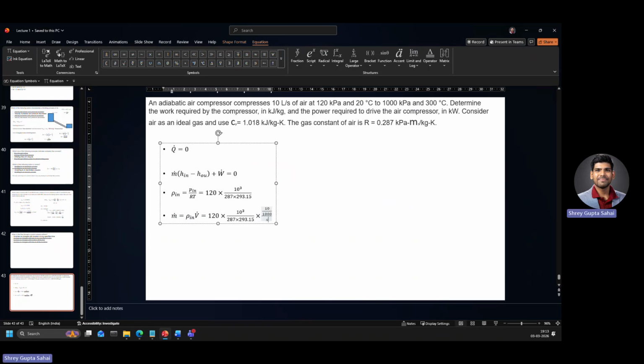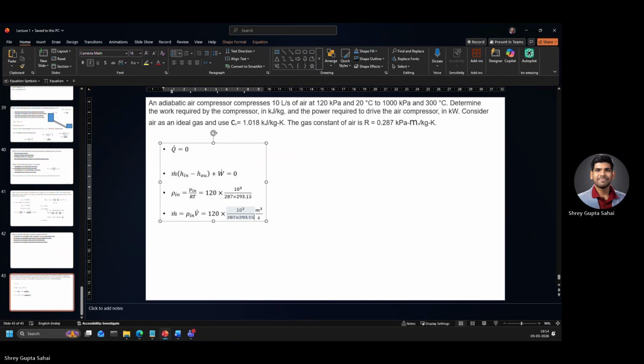You see that there's a cancellation that can easily happen, isn't it? After cancellation, you will essentially have just the 10. Now this is the flow rate, first of all.